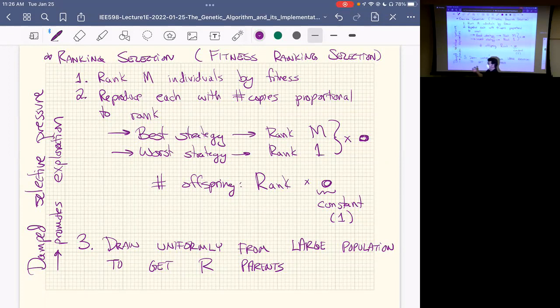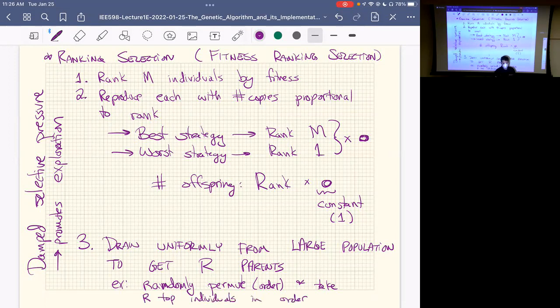So basically, for example, you randomly permute or order, and take the top R individuals. The best strategy comes out, you dump it into a data structure that has M copies of it.